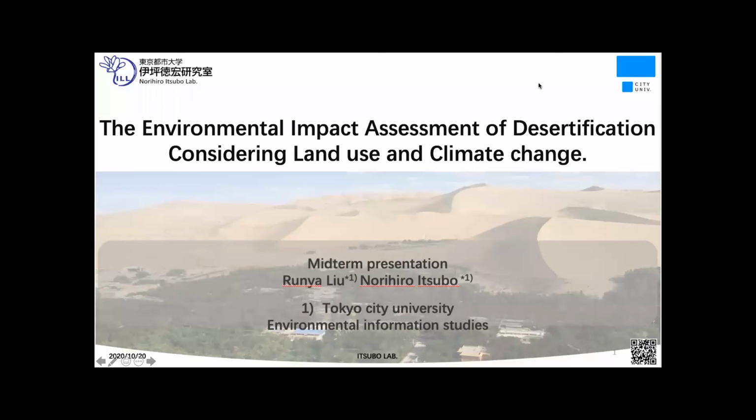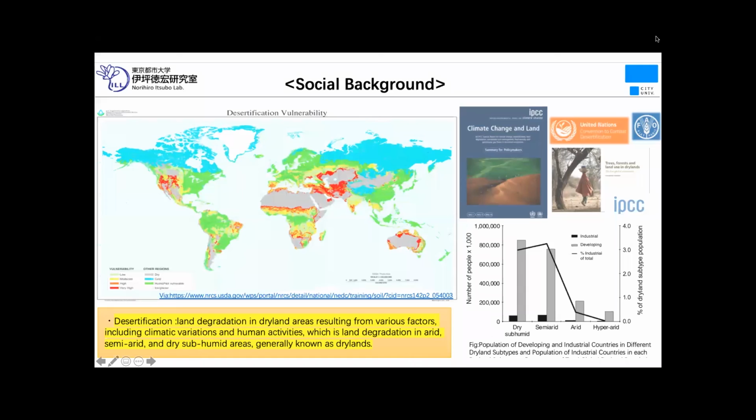Hello, this study is focused on the environmental impact assessment of desertification concerning land use and climate change from Tokyo City University Ichibo Laboratory. I'm Liorina. So first, the question is what is desertification. Desertification is defined as land degradation in drylands areas, resulting from various factors, including climatic variations and human activities.